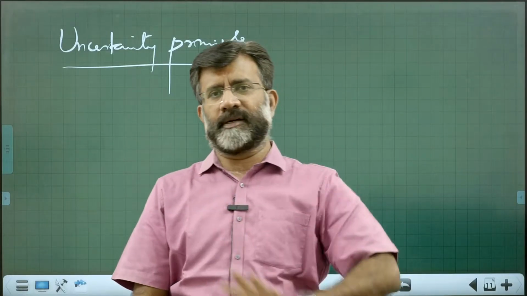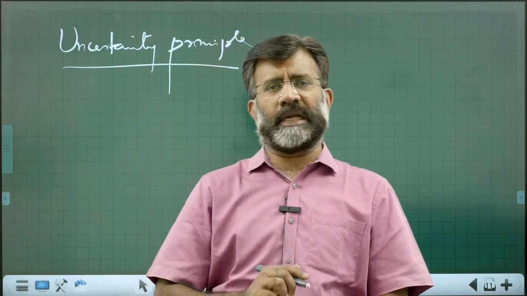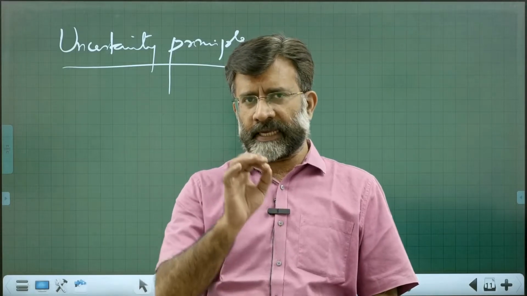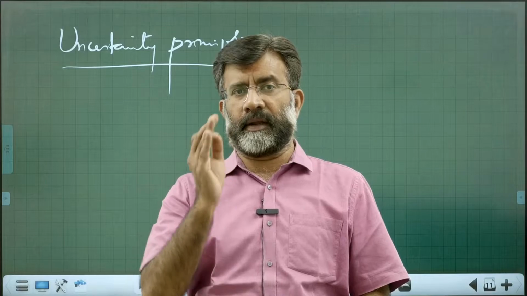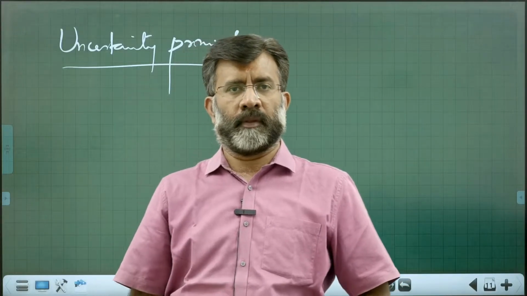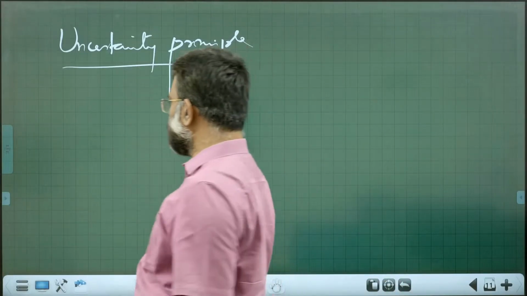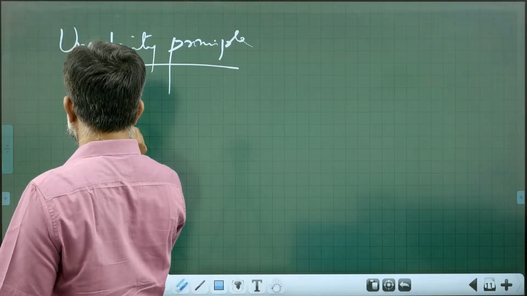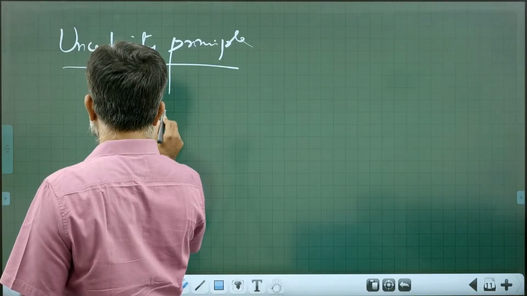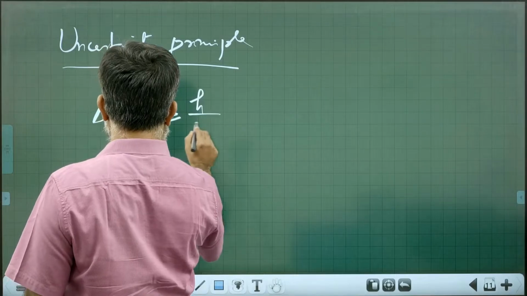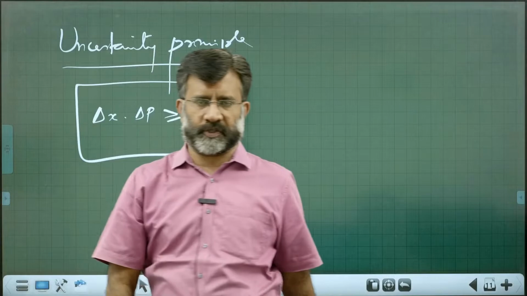Heisenberg's uncertainty principle: he suggests that it is not possible to determine simultaneously and precisely the exact position and velocity of a moving subatomic particle like electron. Always there exists an uncertainty. Mathematically, he suggests that uncertainty in position into uncertainty in momentum is greater than or equal to h by 4 pi. This is his mathematical justification.